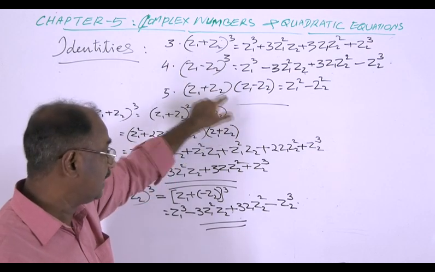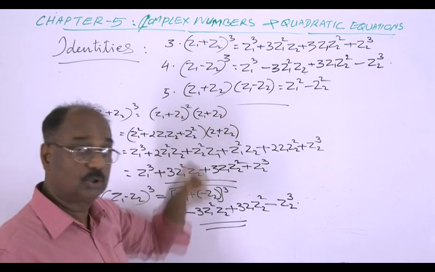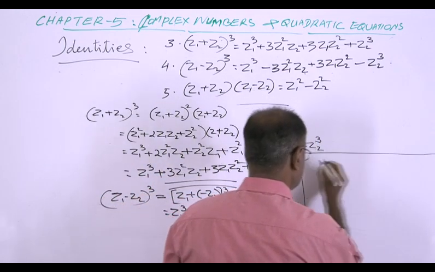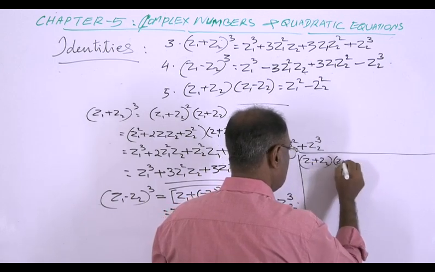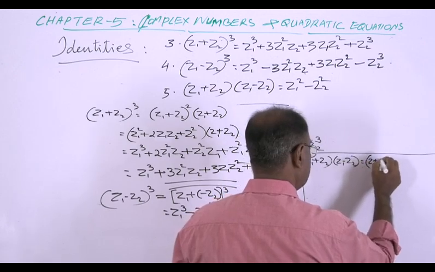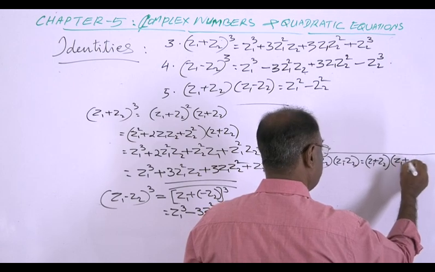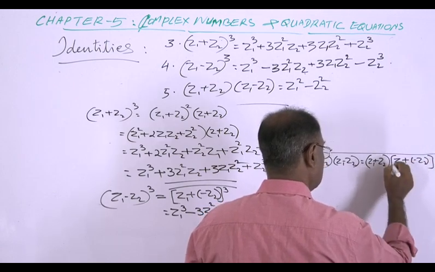And then the last identity, (Z1 + Z2) with (Z1 − Z2). So this (Z1 + Z2) into (Z1 − Z2) is equal to (Z1 + Z2) into (Z1 plus minus Z2).